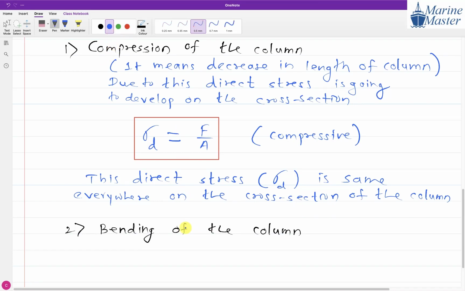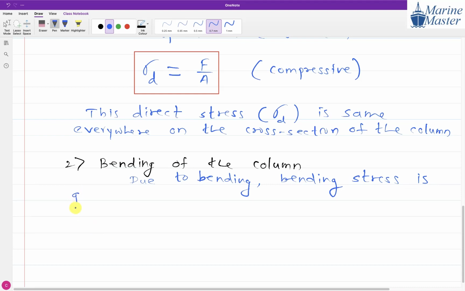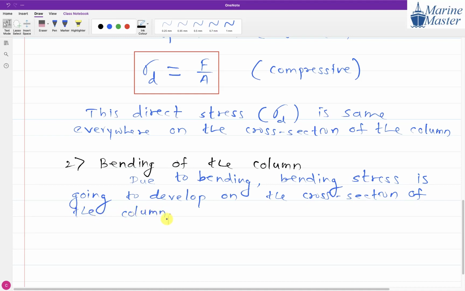Due to bending, bending stress is going to develop on the cross section of the column.